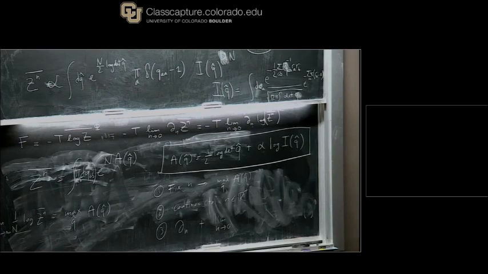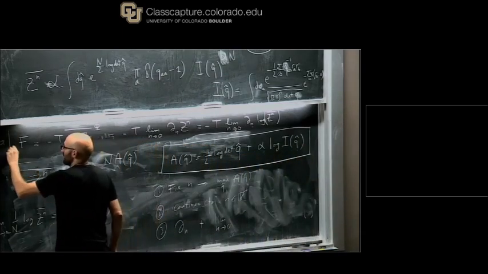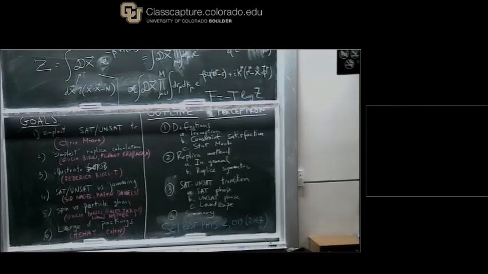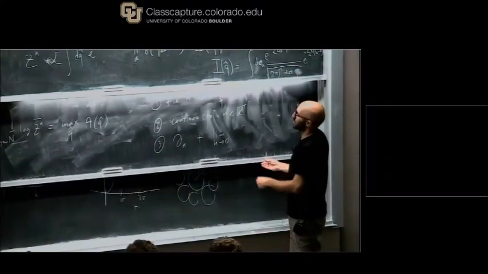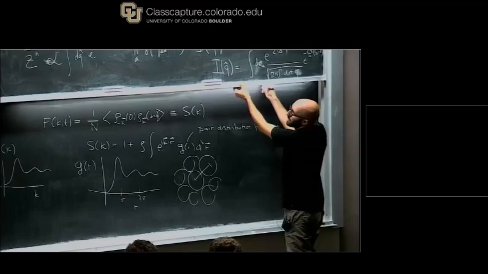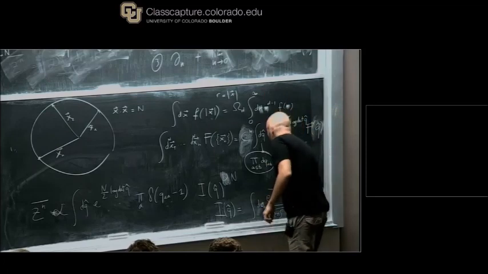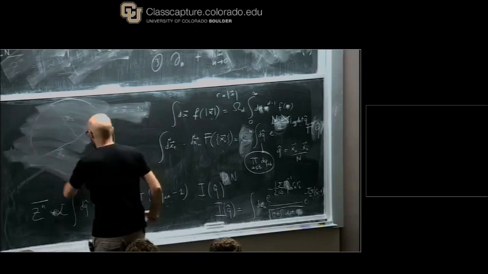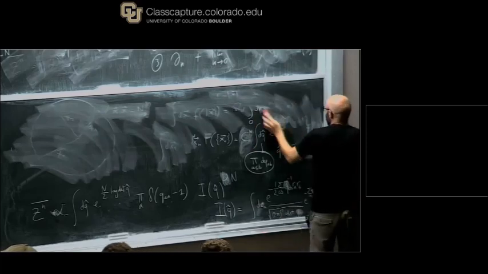So this is point 2a of the outline. This is the general replica method calculation, and this is my final result. Now the problem is, of course, that in general you don't know how to solve this.